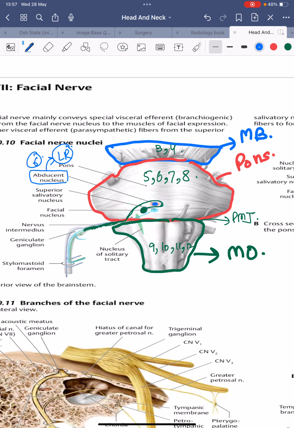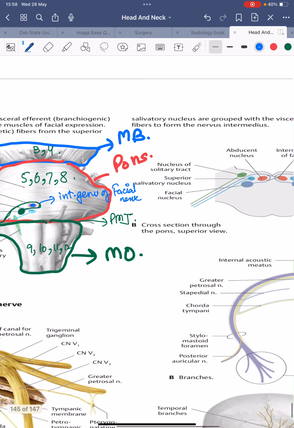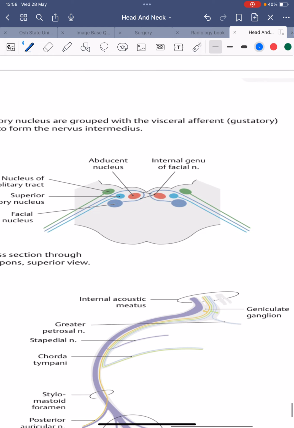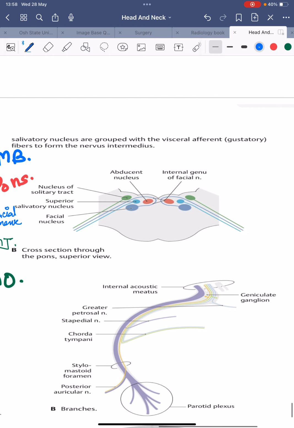So see here, the facial nerve fibers from the facial nerve nuclei are bending around the sixth cranial nerve and then exiting out from the pontomedullary junction. This is known as the internal genu of the facial nerve. See this diagram now. This is a cross section of the pons.